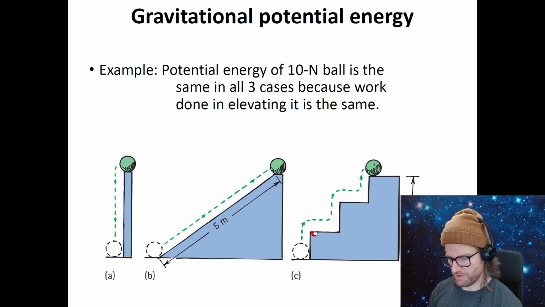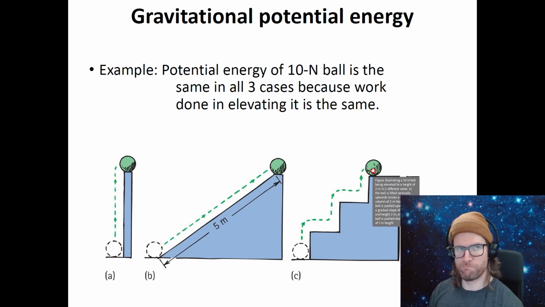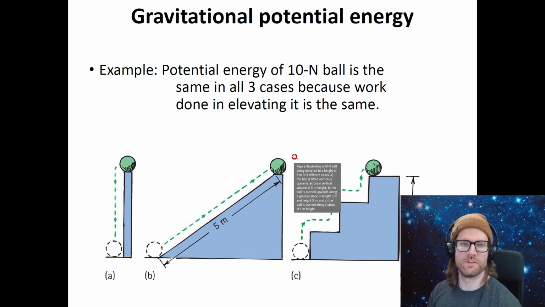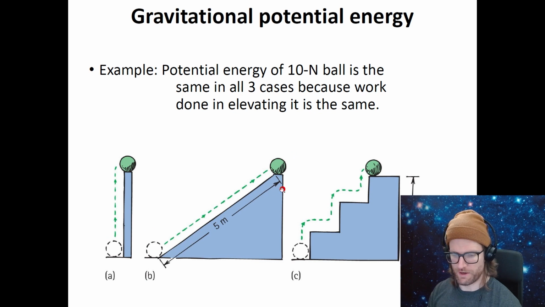In situation C, it went up in a stepwise, complicated motion, but it only went up 3 meters. Since potential energy at the reference point down here is 0, and the potential energy here is mgh, which is the weight of the ball, 10 newtons, times 3, that's 30 joules, the same in each case. Potential energy is the same in each case. Doesn't matter how it got there.